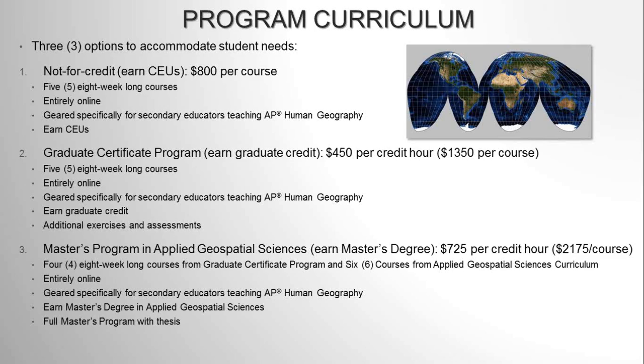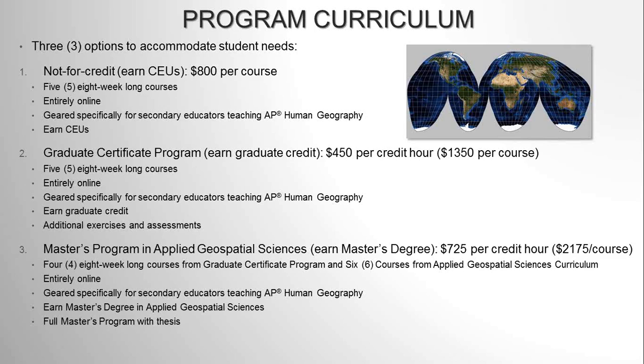Again, as in all other aspects of our program, all of the courses are entirely online. They're conveniently accessed through our learning management system, Desire2Learn. They're geared specifically for educators teaching AP Human Geography, and our master's program takes a step beyond that, for folks who are much more interested in the geospatial industry itself. They would earn a full master's degree in Applied Geospatial Sciences with a thesis as well.